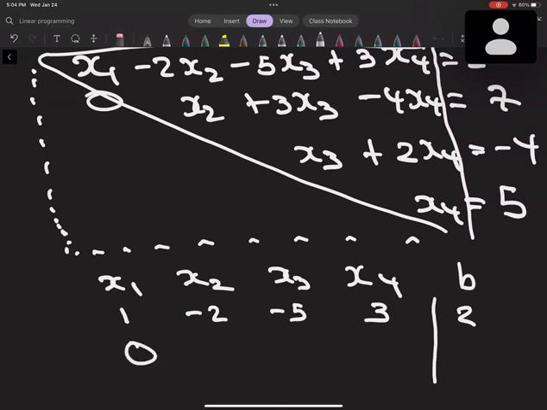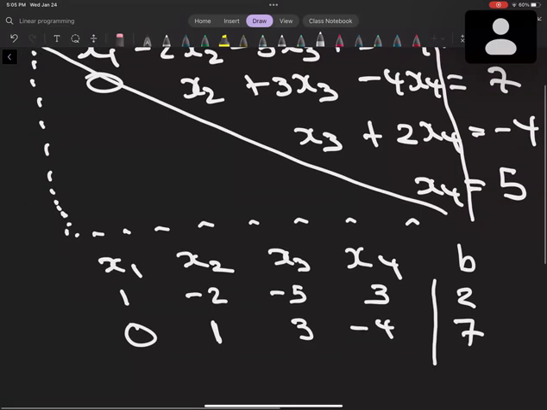I'm not going to write the x2, so I just write a 1. I just write the coefficients, right? Instead of writing plus 3x3, I write 3. Instead of writing minus 4x4, I write just minus 4. Then I write 7.